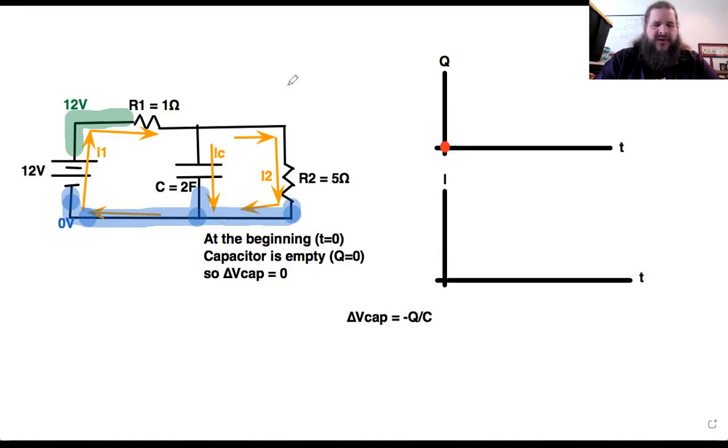Yeah, that's also 0. We were assuming that we were calling the voltage on the bottom side of the capacitor 0 volts. But if the capacitor has no charge, then it has no difference in voltage. So the voltage above is also going to be 0 volts.